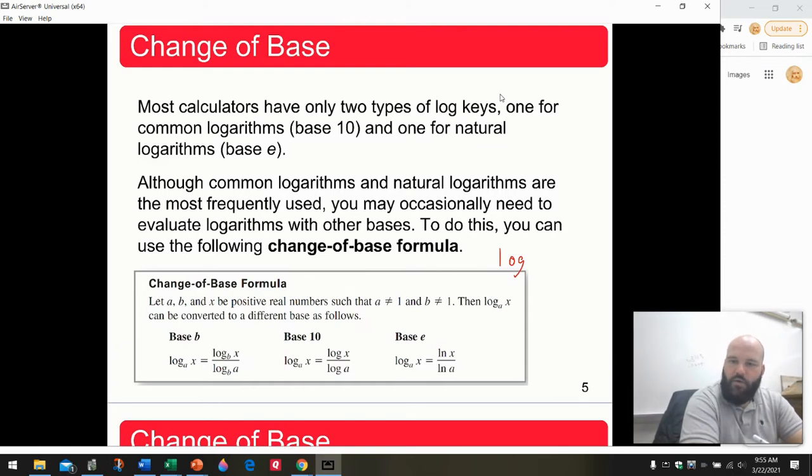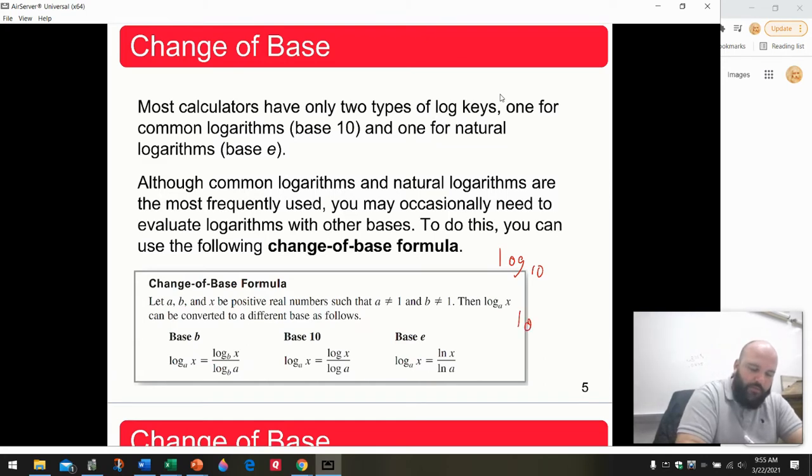Now, if there is no base listed, which there isn't on your calculator buttons, then it is assumed to be base 10. Now, that's fine, but a lot of times we will have logs that have other bases other than 10. So we need a way to be able to evaluate those logs.